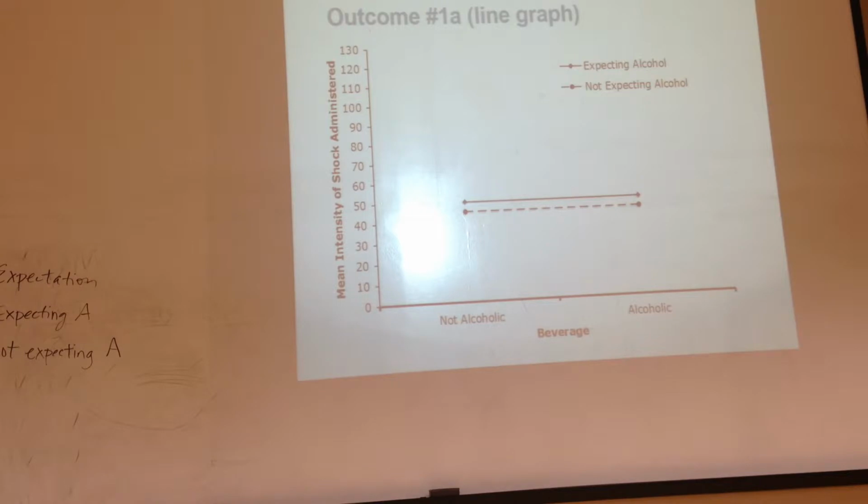What are those 4 conditions? People who got an alcoholic beverage and were expecting it, people who got an alcoholic beverage and weren't expecting it, people who got a non-alcoholic beverage but were expecting alcohol, and people who got a non-alcoholic beverage and were not expecting alcohol. Those are the 4 different groups of subjects in our study.